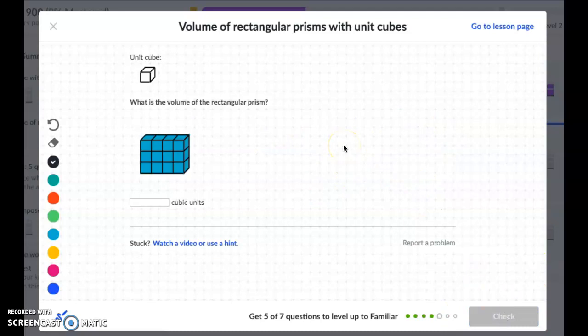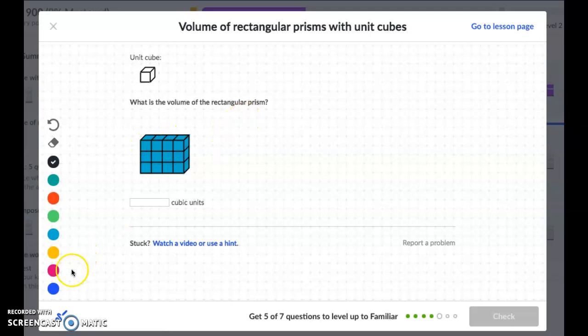What's the volume of the rectangular prism? Again, it's only one wide here, so I can count those squares. So 1, 2, 3, 4, 5, 6, 7, 8, 9, 10, 11, 12.